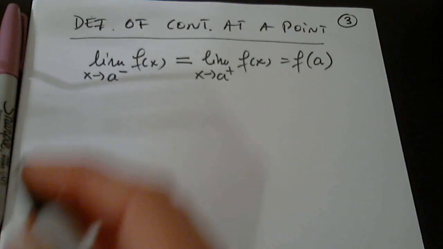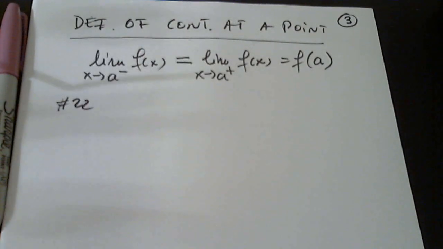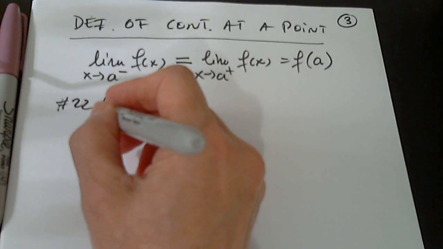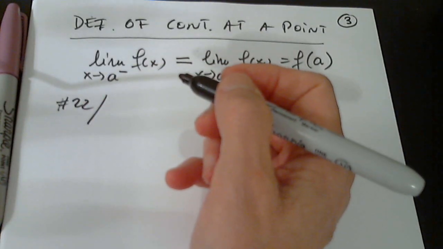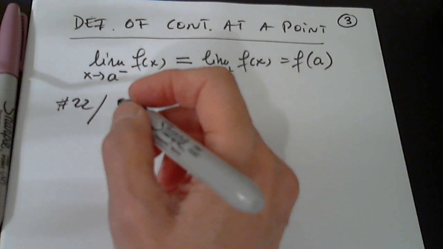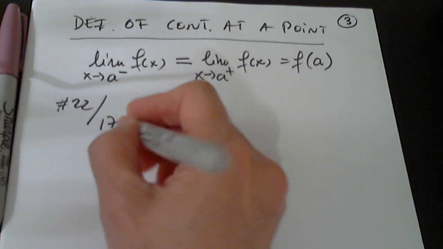It's 22 in 1.6. The one with g of x? I wrote it as f of x and then x cubed square root. So it's 1.7 then. Oh, sorry. No, it's okay. So x cubed? Yes. Okay, perfect. So 22, and this is on page 171.